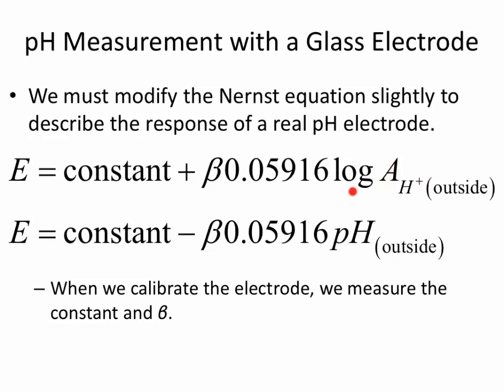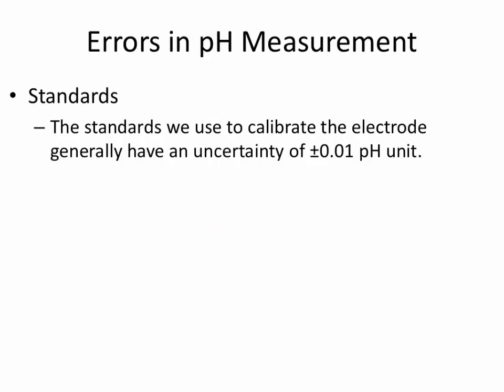And note that minus log of the activity of the hydrogen ion is pH, and so we're going to have to change this sign here from a positive to a negative, and then we can take this log of the activity of hydrogen ion and turn that into the pH. And we can then calibrate the electrode, and in that case we're measuring what this B, or beta here, needs to be. So let's talk about where some errors in pH measurements can come from.